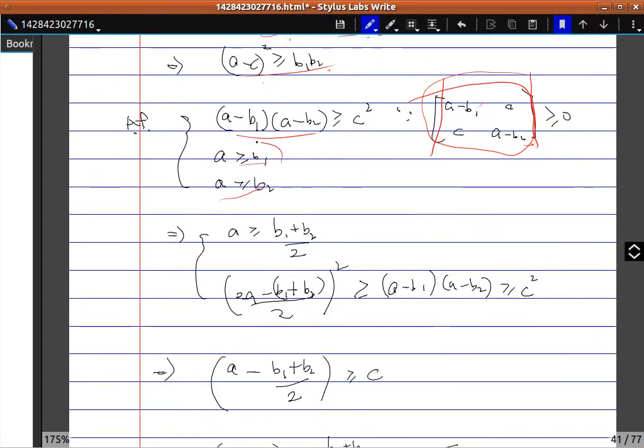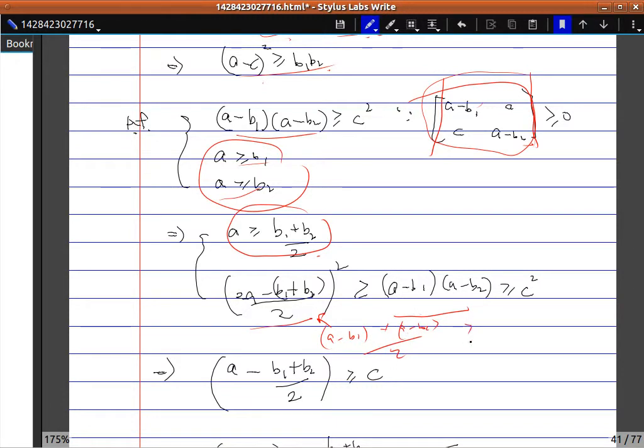And then from these two equations, we have A is bigger than or equal to (B1 plus B2) over 2. Now we can use the result that the arithmetic mean is bigger than or equal to the geometric mean. This is basically the arithmetic mean of A minus B1 and A minus B2, over 2.